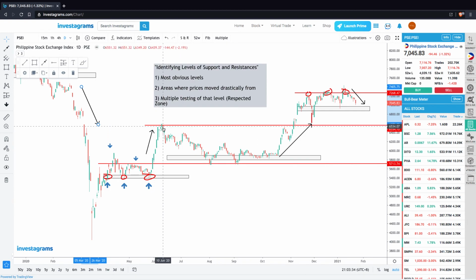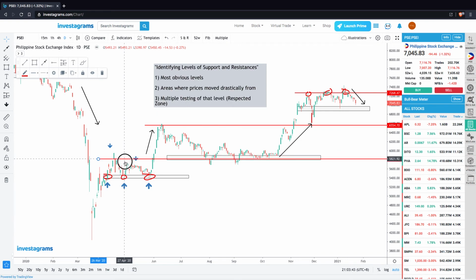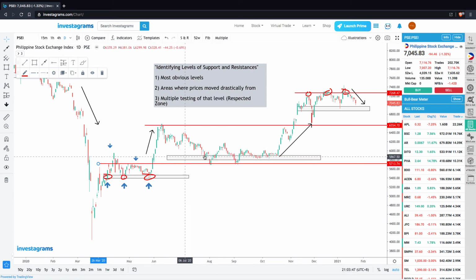If you were on this day, it got rejected, you are probably looking at these previous levels of resistances and support, resistances to act as support, which it did right here. So yeah, price action wise, it definitely wants to retest those resistances if it's trying to build support.